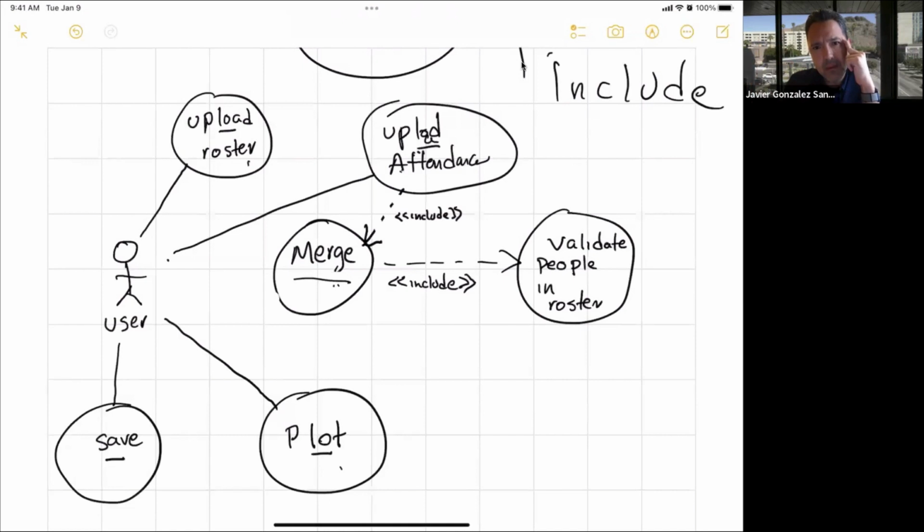Tell me when validation happened. And hopefully you agree with me, the user never called for validation. But moreover, the upload never called for validation. The validation is something that always happens when you are doing the merge. So if you notice the diagram, as a user, what I want to do is to upload attendance. What I want to do is to put the attendance there in my system.